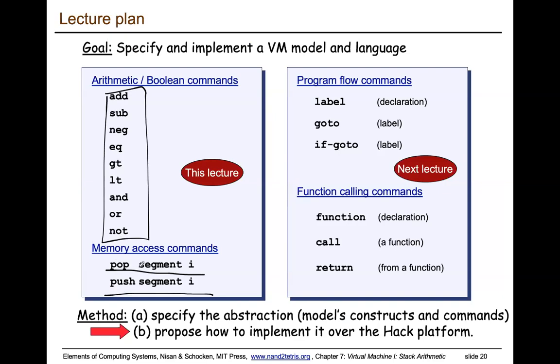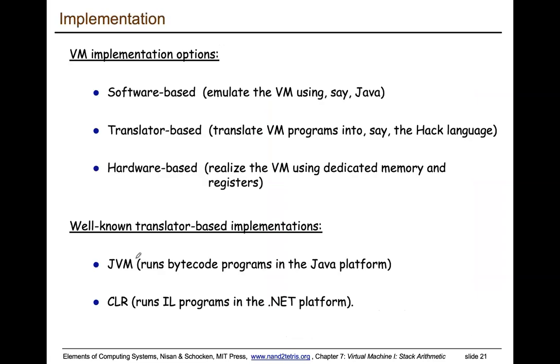Then the question is, how do I implement this segment in my virtual machine or on my Hack platform? In our assembler, we have already said that we have some reserved variables or space for some values, right? So we have multiple possible ways to implement it.